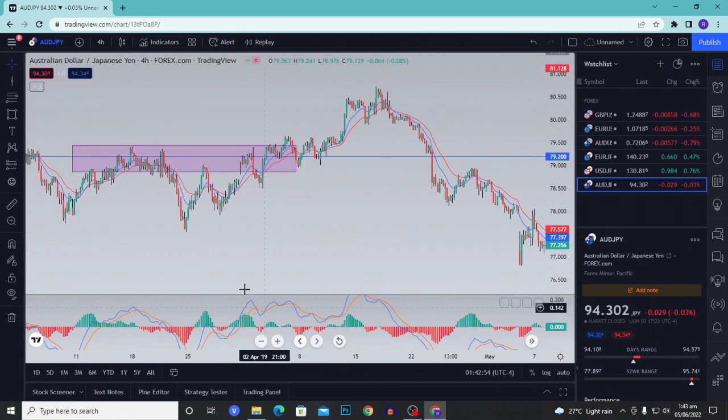So price is going up. We look for two things. We look for the cross of the 20, the red moving average, and the 10. We look for the 20 moving average to be above the 10 moving average, which is the red above the blue for a sell.